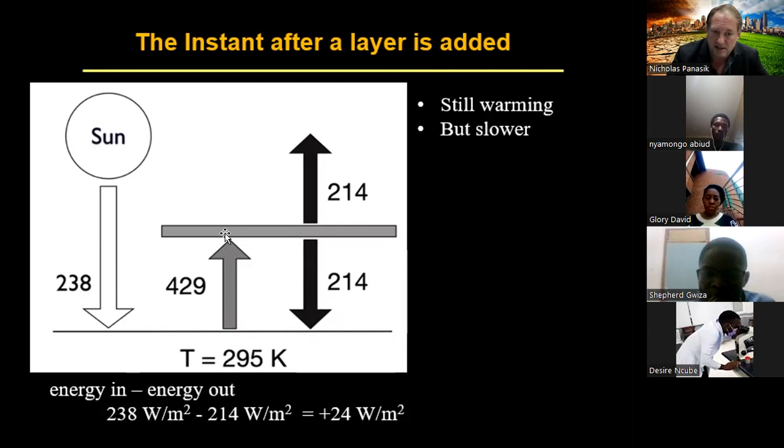If 429 is going out, getting absorbed by the atmosphere, then half is going to go out to space and half is going to come back down. So now our fluxes are 238 minus 214 for what's happening to the planet. And so our energy imbalance now is only plus 24. Before it was plus 88, and before that it was plus 119. So you can see that as it's heating up, the difference is starting to decrease.